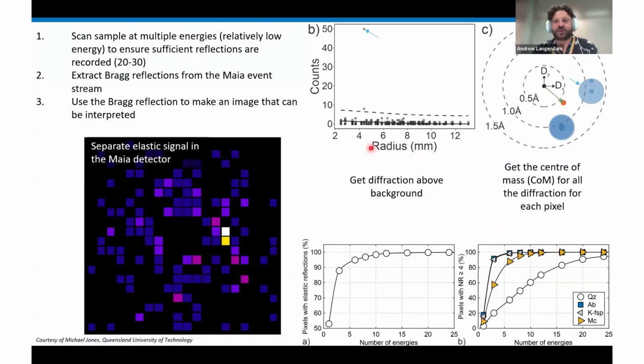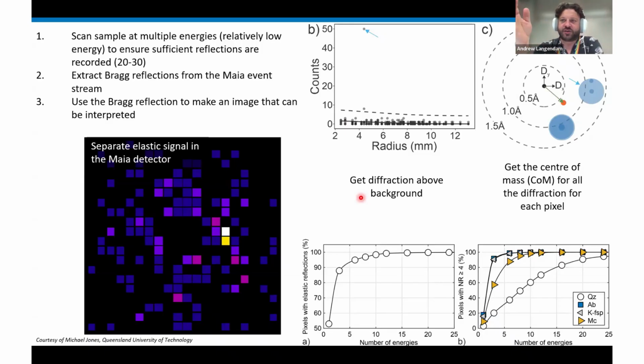So here we can collect Bragg diffraction peaks with our Maia detector in a backscatter orientation. These will, like here, show up as these very, very bright pixels with a lot of counts, as opposed to the surrounding fluorescence counts that we're collecting. And this will be in our elastic scatter maps.